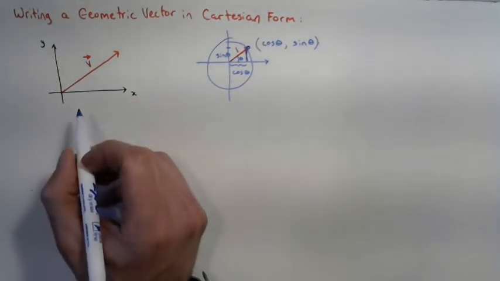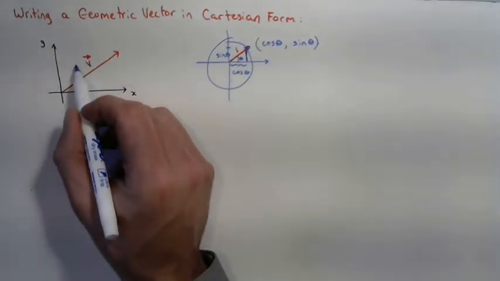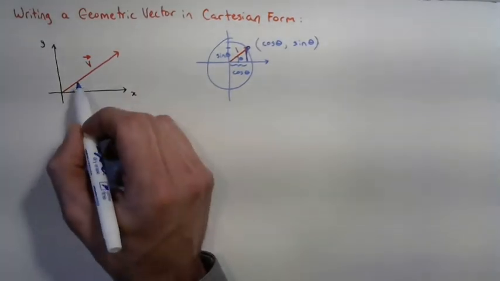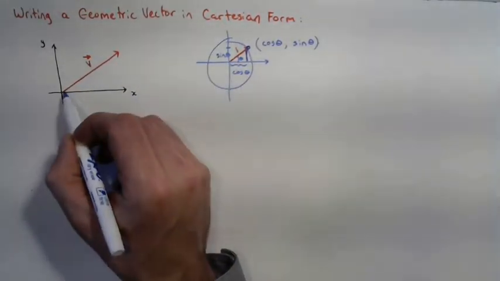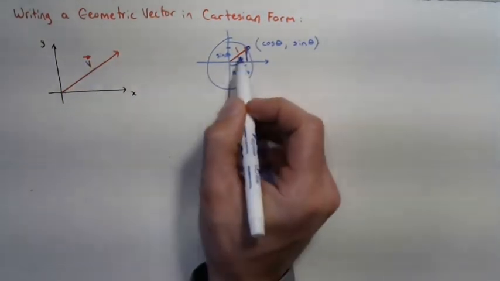And what is that multiple? Well, the scalar multiple is v, because instead of being a unit vector of 1, it's a vector of length v, which has a magnitude of v times 1.